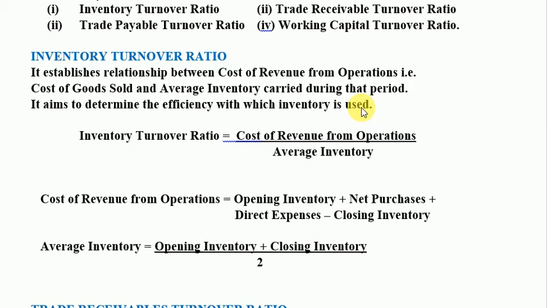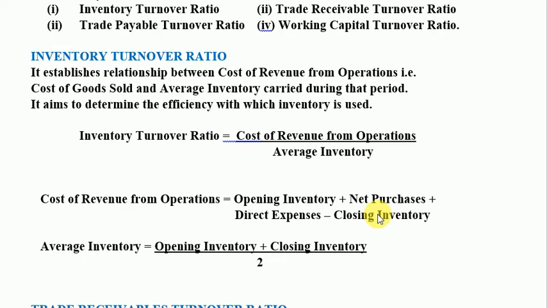The formula says inventory turnover ratio is equal to cost of revenue from operations, that is cost of goods sold, divided by average inventory. In the previous class, in class 11th, we have already seen the formula for cost of goods sold, and the same here is known as cost of revenue from operations, which is equal to opening inventory plus net purchases plus all direct expenses minus closing inventory.